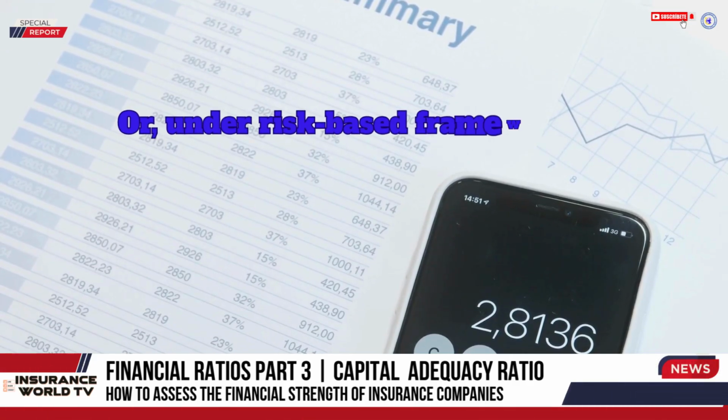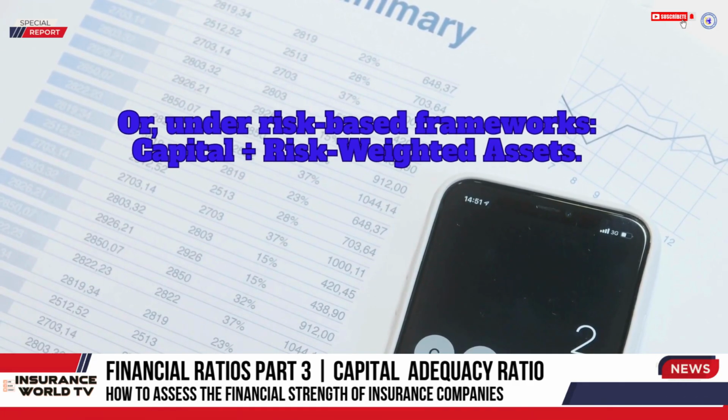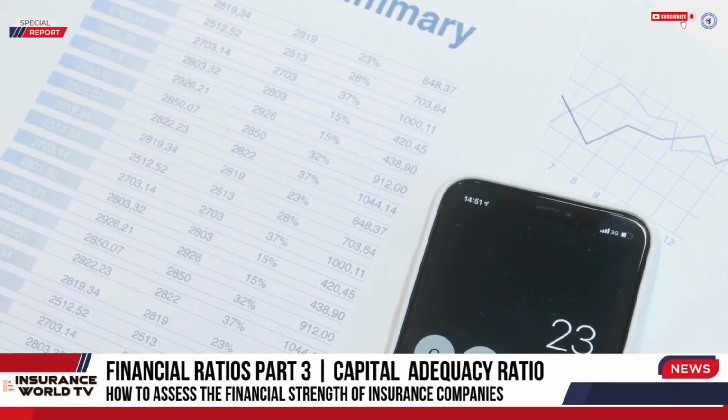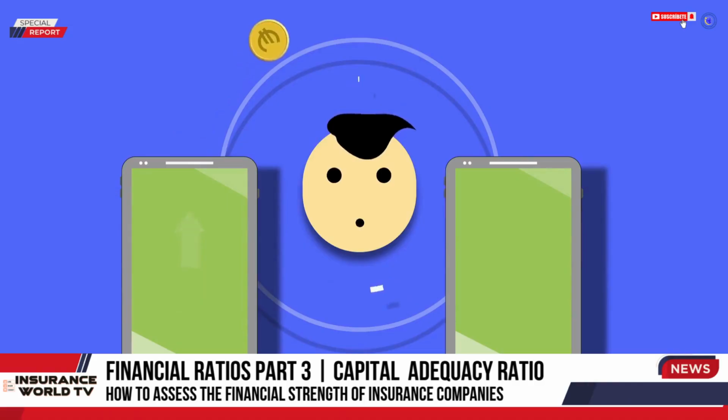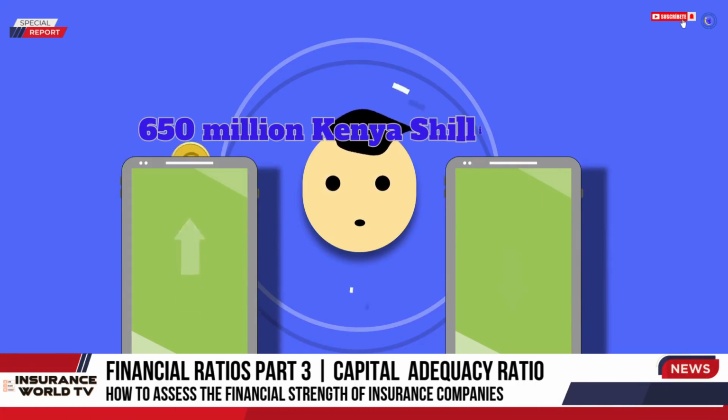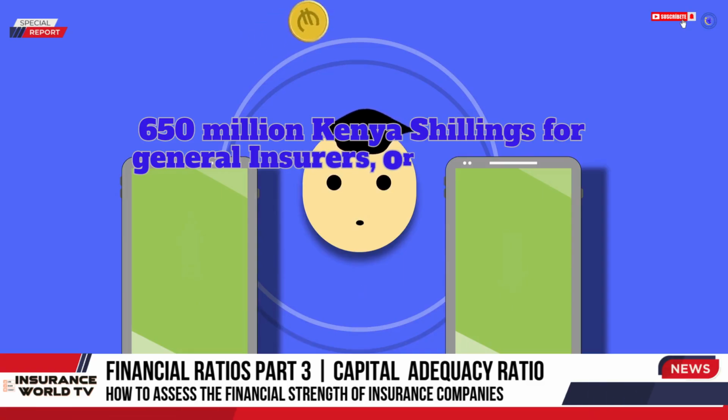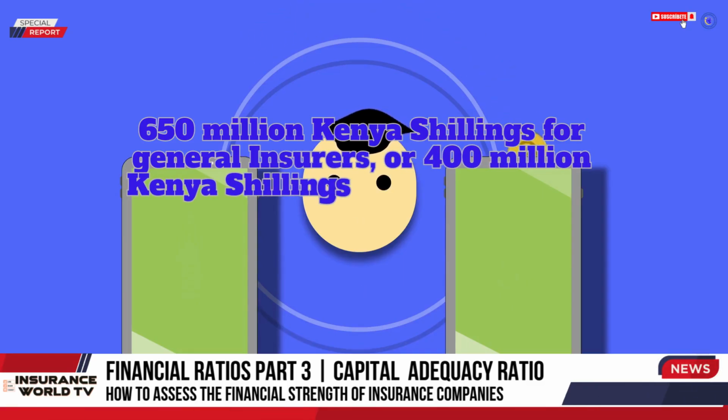Or, under risk-based frameworks, capital divided by risk-weighted assets. In Kenya, capital adequacy requirements set by the Insurance Regulatory Authority mandate a minimum capital of specific amounts, e.g., 650 million Kenya shillings for general insurers, or 400 million Kenya shillings for life insurers.